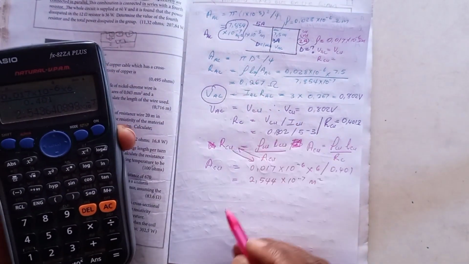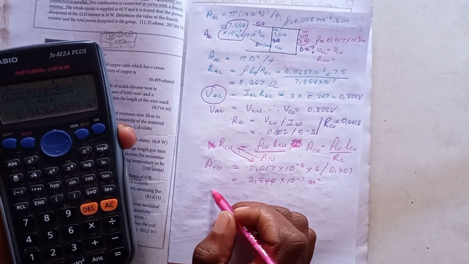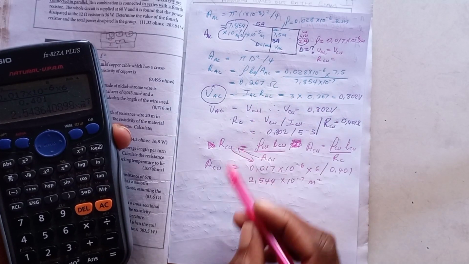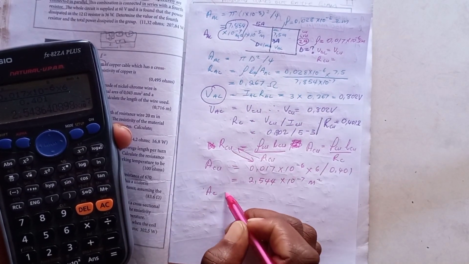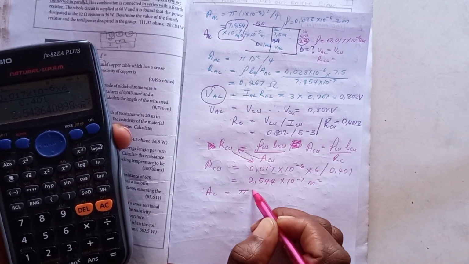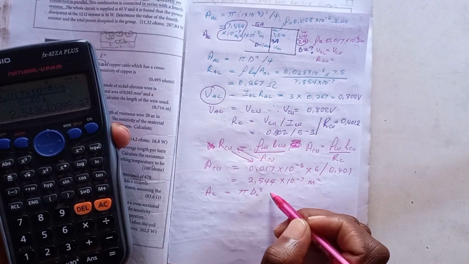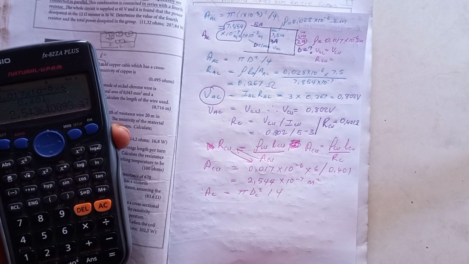Now, on that formula, let's make D the subject of the formula. So we say A copper now is equal to pi D copper squared all divided by 4.